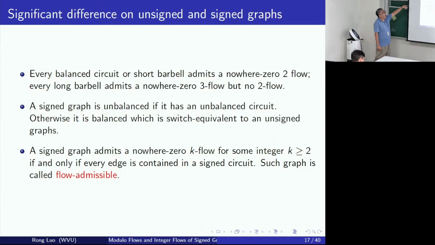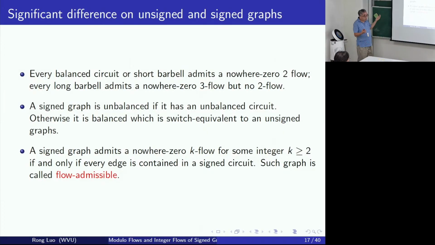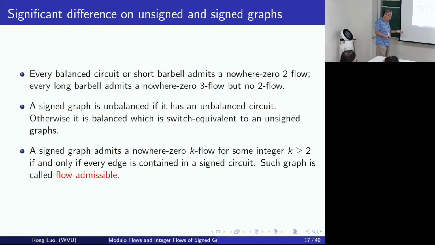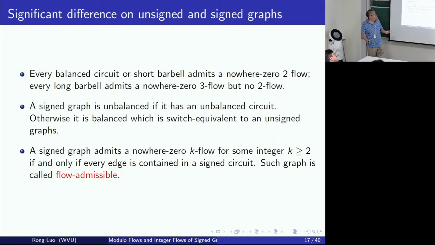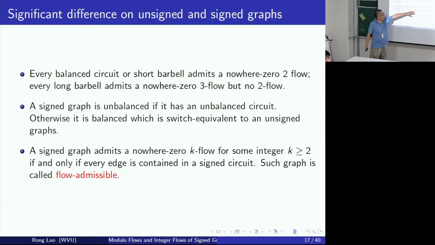A signed graph is unbalanced, so it has an unbalanced circuit. For an unsigned graph, a graph admits a nowhere-zero integer k-flow for some integer k as long as it has no bridge. However, for a signed graph, even if you have a complete graph, if the complete graph has only one negative edge, it does not admit a nowhere-zero integer k-flow, except k equal to 1, because it does not have a signed circuit.